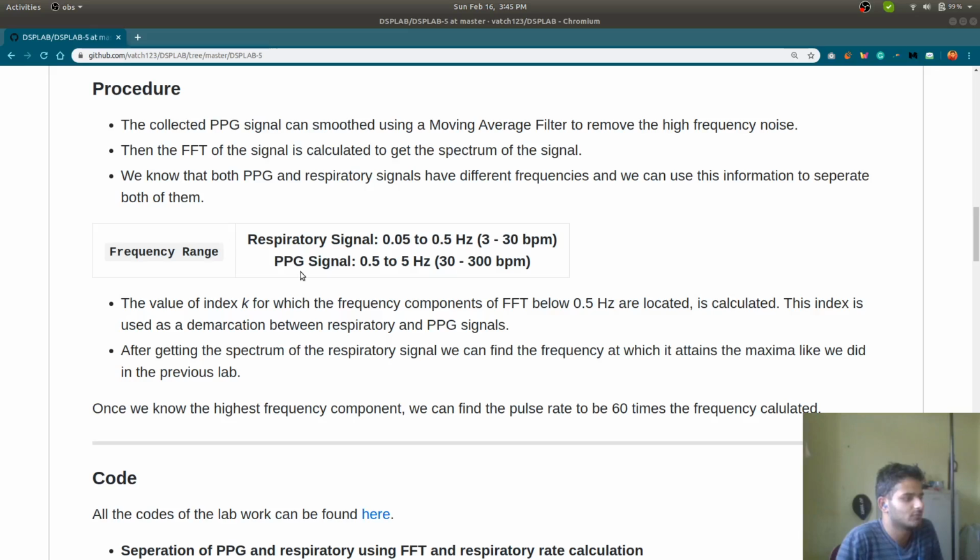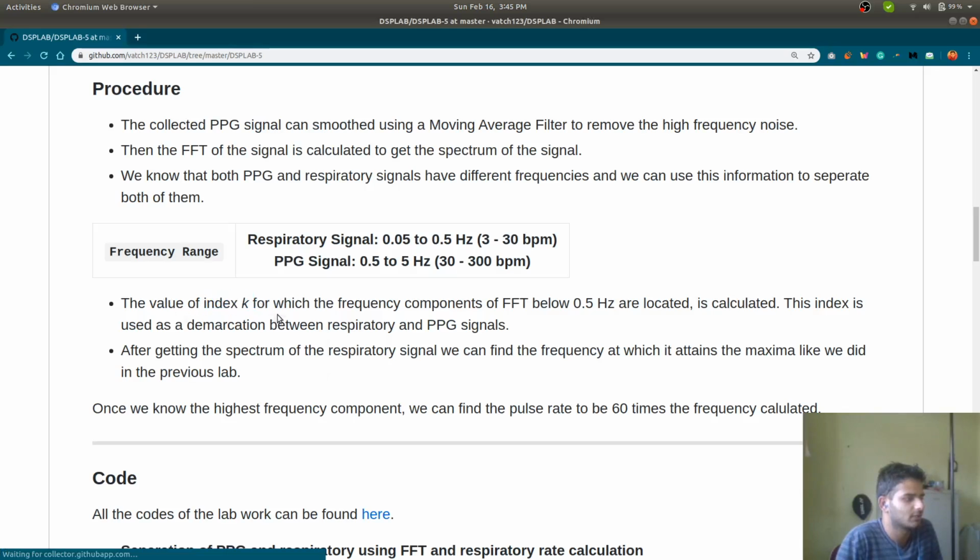Once we know these frequency values, in the FFT spectrum we can determine the value of index k, the particular index at which 0.5 Hz occurs, such that the frequency spectrum below it will give us the respiratory signal, and the frequency spectrum after it will give us the PPG signal.